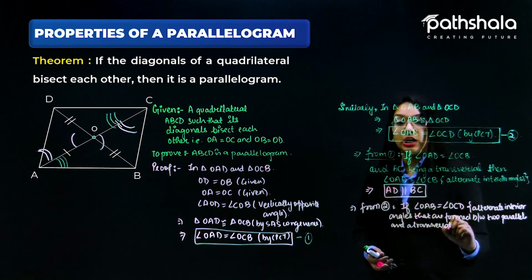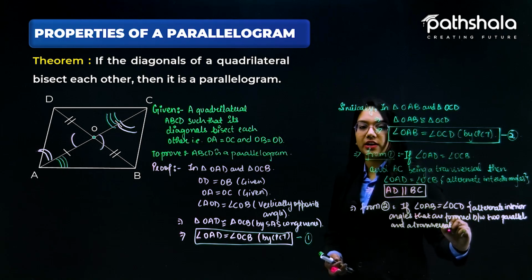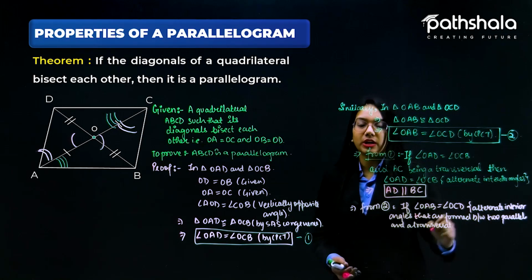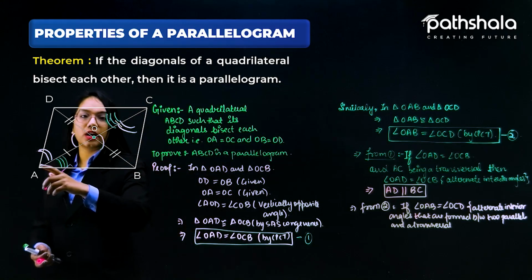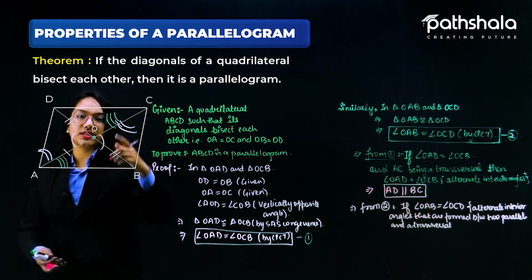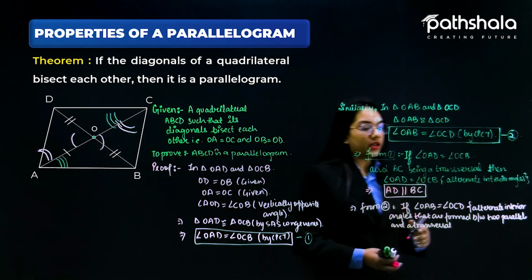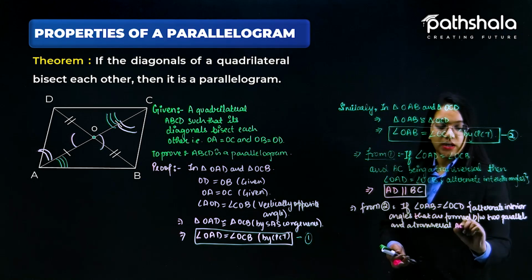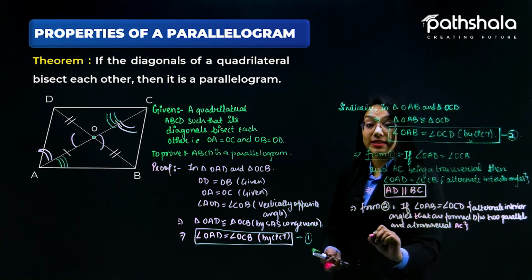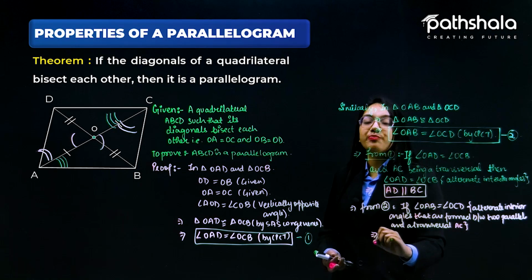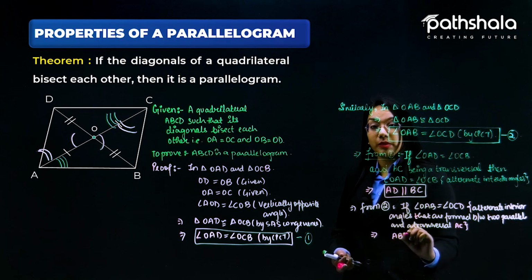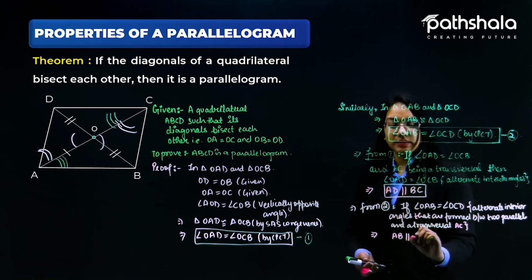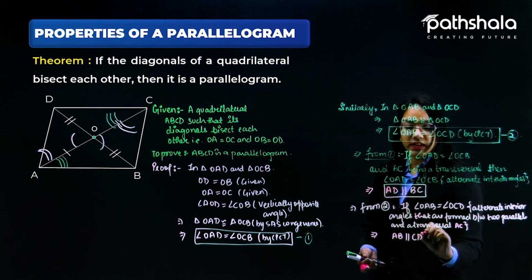The transversal we are taking over here is again AC. So it implies that AB is parallel to DC, or CD.